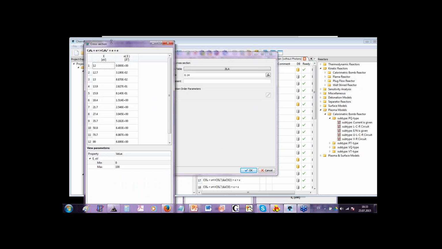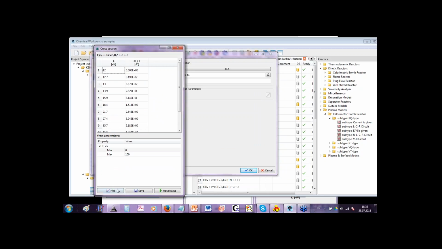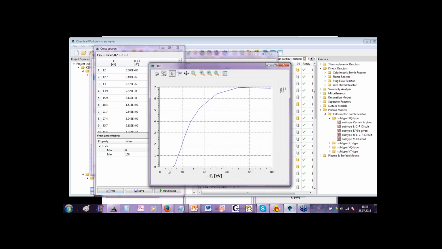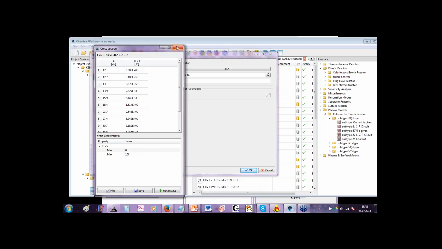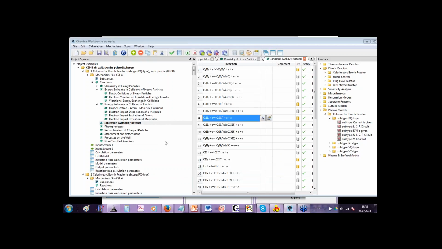I think it's possible to see the graph dependence. This is an ionization cross section of ethylene versus the energy in square angstrom. So there is too much information which is necessary to perform a calculation.